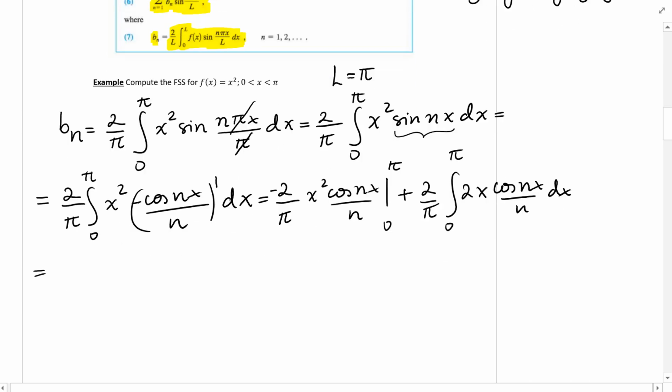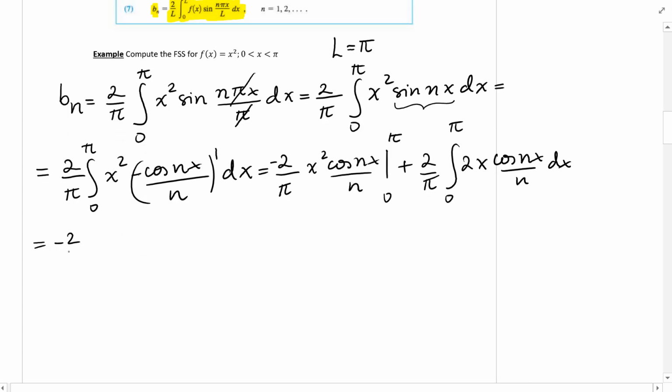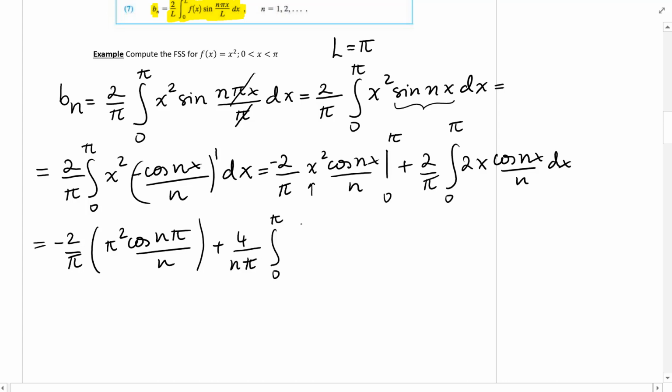So if I evaluate the first one, it's going to be negative 2 over pi times pi squared cosine of n pi over n minus, when we evaluate at 0, this term is going to be 0, so that's gone, plus 4 over n pi integral from 0 to pi of x, and then we can put sine of nx over n prime.